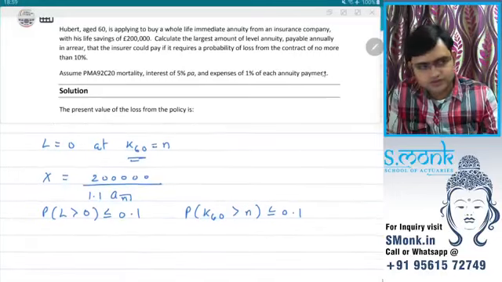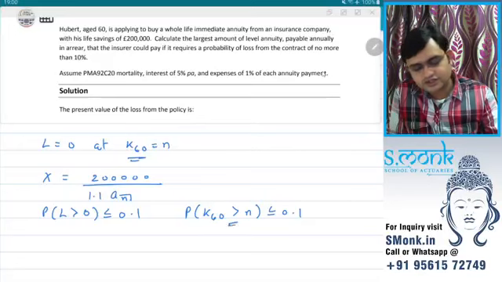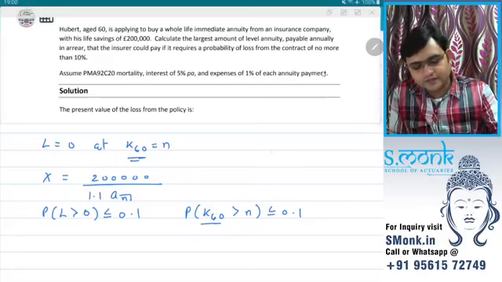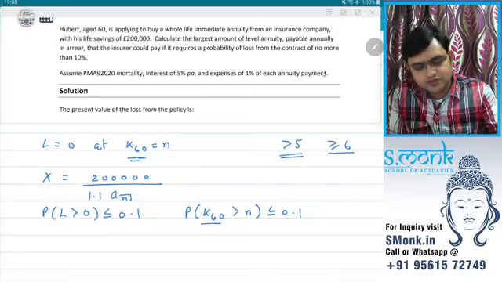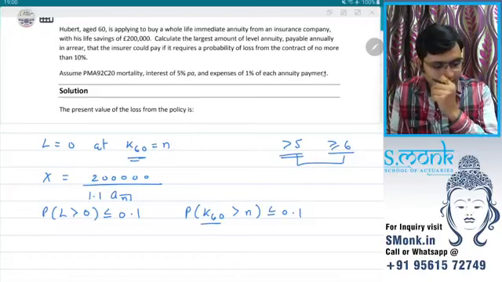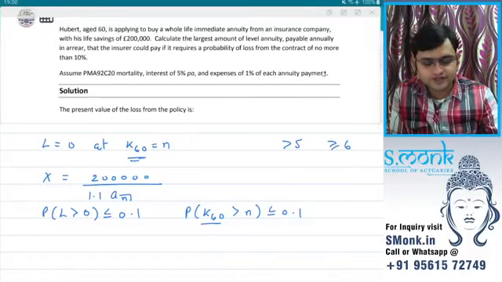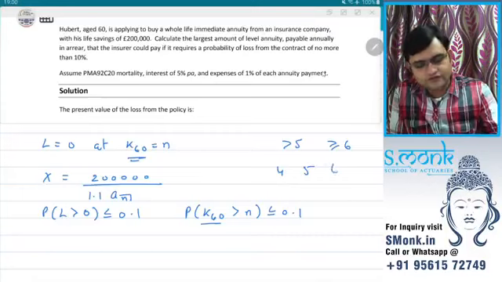See, this is a discrete value. So if I say greater than 5, that is greater than or equal to 6, because between 5 and 6 we do not have any other value when we are talking about discrete. It directly goes 4, 5 and 6.